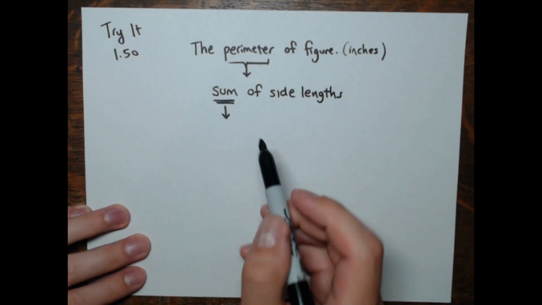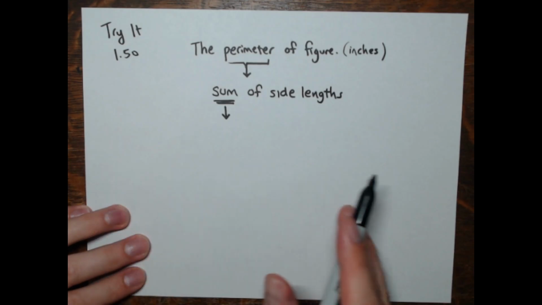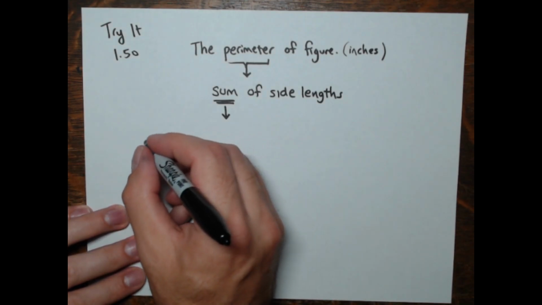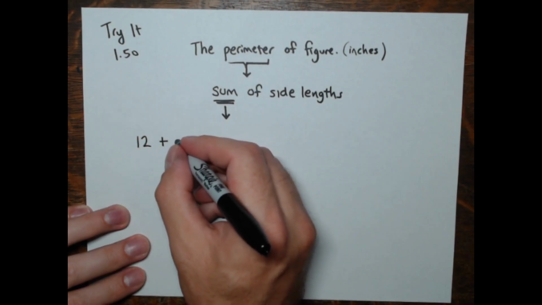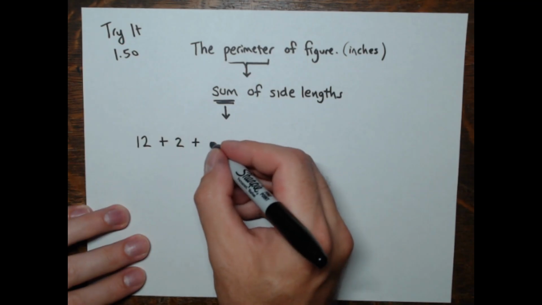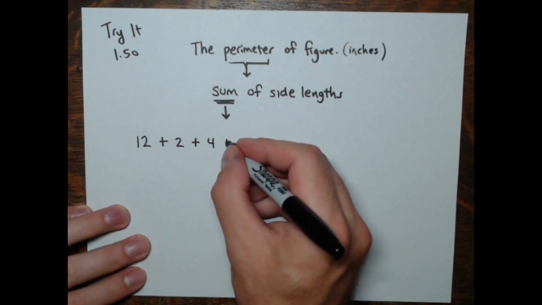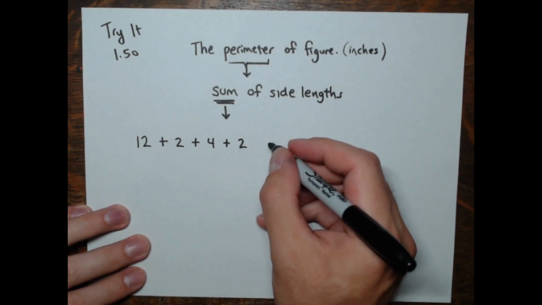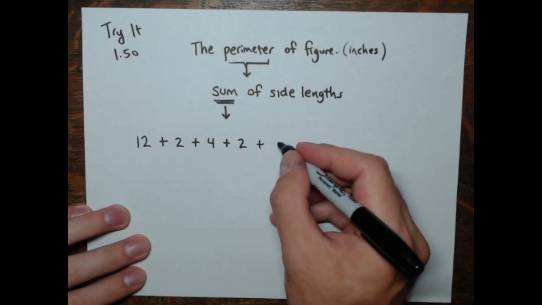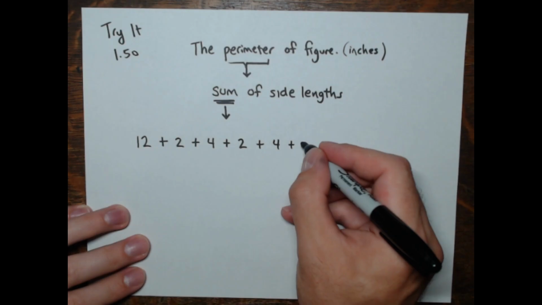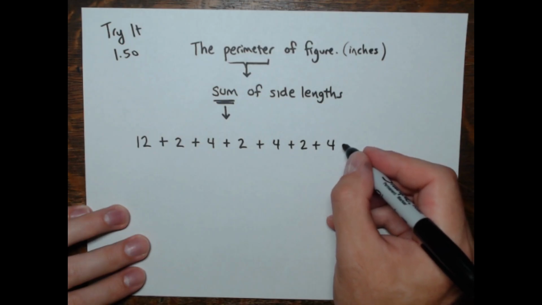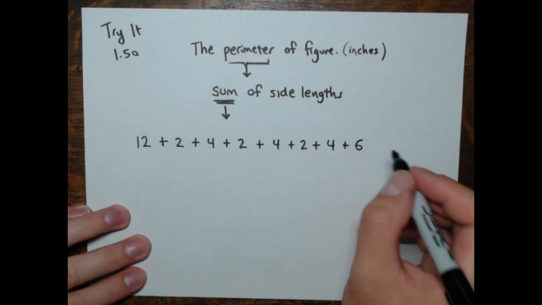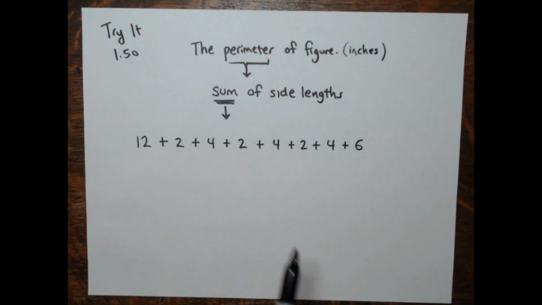And when I say sum, we can easily translate it now to an addition problem. So starting from the top side, there was 12 inches plus 2 inches plus 4 inches plus 2 inches plus 4 inches plus 2 inches plus 4 inches. And then finally, on the right side of the figure, there was a 6-inch length plus 6 inches, for the 8 side lengths we're adding up here.